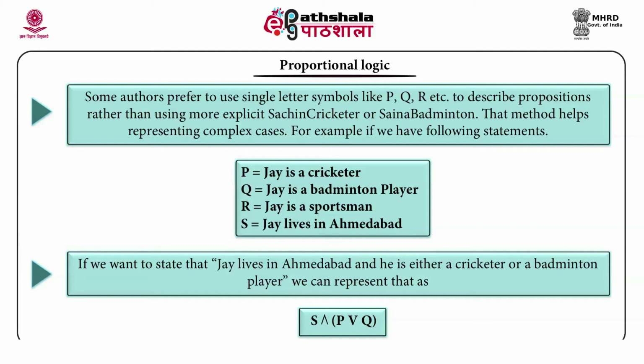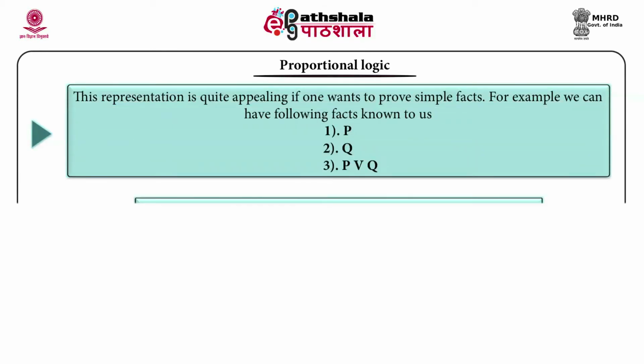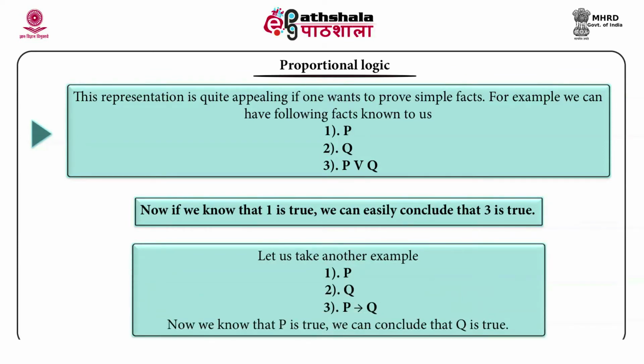The next slide shows you that P is Jai is a cricketer, Q is Jai is a badminton player, R is Jai is a sportsman, and S is Jai lives in Ahmedabad. And if you want to state that Jai lives in Ahmedabad and he is either a cricketer or a badminton player, we can represent that as S and in brackets P or Q. Now, you can see that is a very compact way of representing, obviously not very readable, but it is good. Both forms are used. Instead of P, you can write a phrase which is more readable than P or Q, but if you use P or Q, it is very compact.